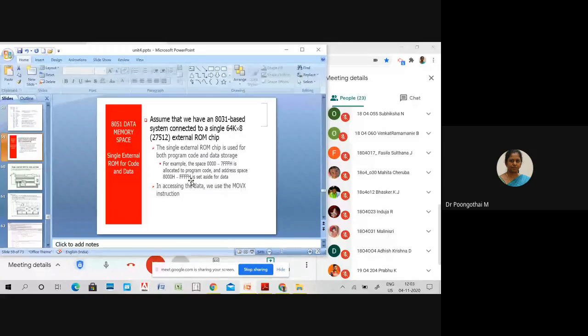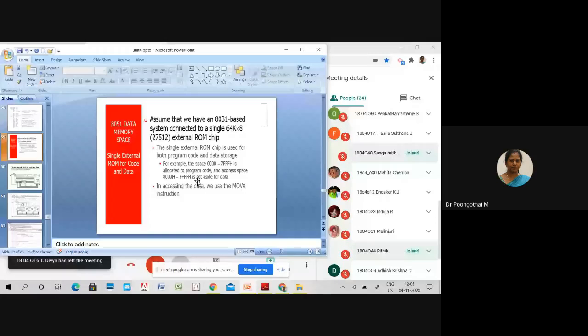That is, 0000 to 7FFF is allocated for storing your program codes and address space 8000 to FFFF is allocated for storing your data. For this case, we have to use the MOVX instruction for accessing both your data as well as your program codes or instruction codes.